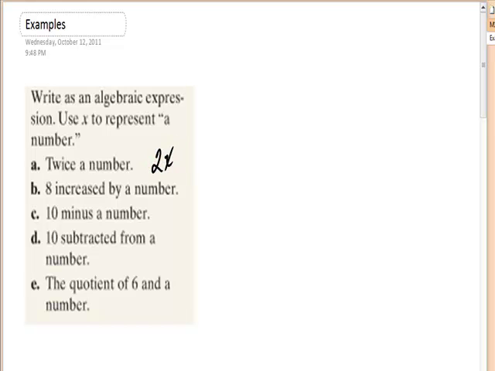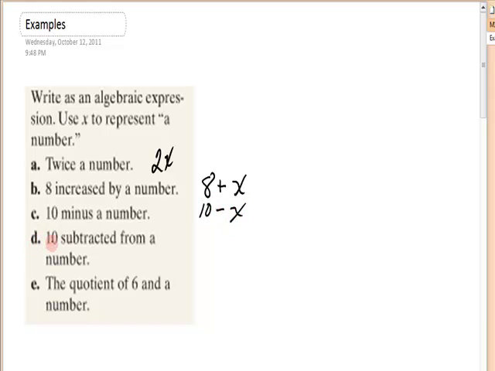Yes, you could write 2 times x, or 2 dot x, but that should be implied multiplication, so the better way is just 2x. The next one, 8 increased by a number. Increased by means addition, so it's 8 plus a number. 10 minus a number. Minus is in the list for subtraction. 10 minus a number.